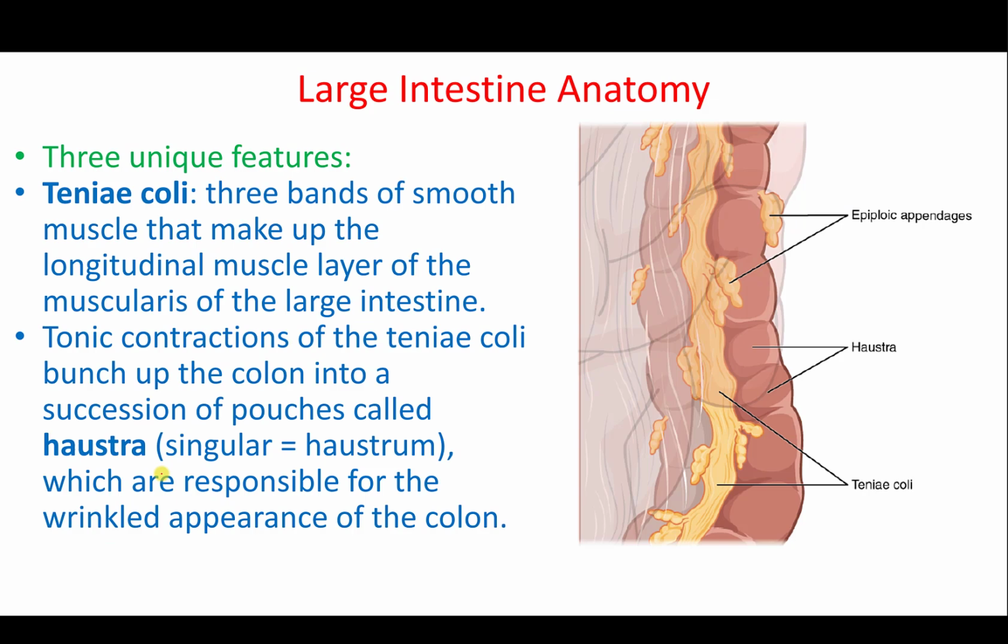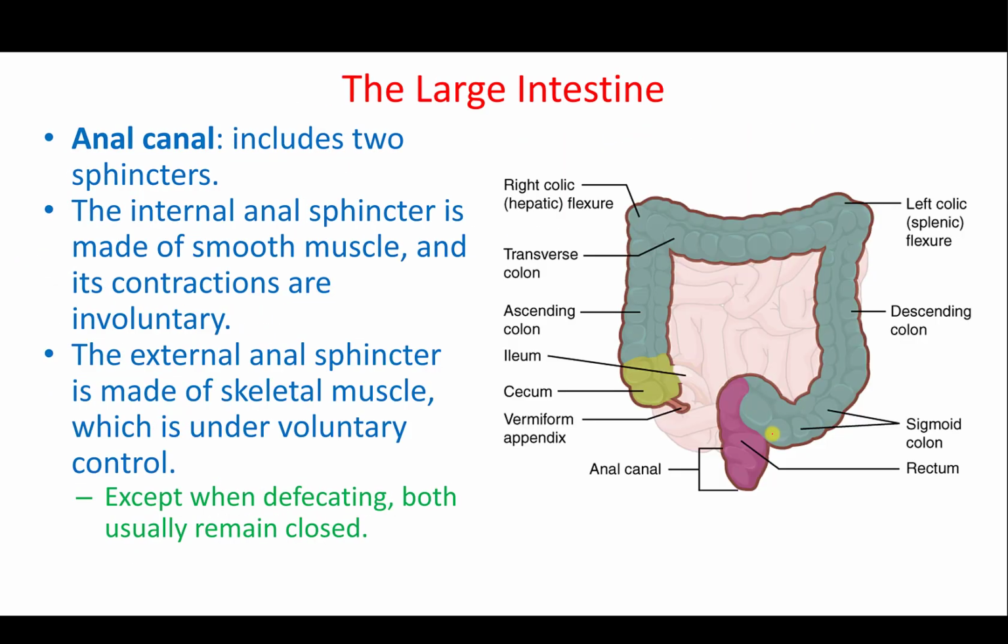Then, modification-wise, the large intestine has 3 unique features. The first one is something called the tinea coli, and the tinea coli are 3 bands of smooth muscle. If you go back to here, see this line, this is the tinea coli. If you remember when we talked about the alimentary canal, we said we have circular muscles and longitudinal muscles.